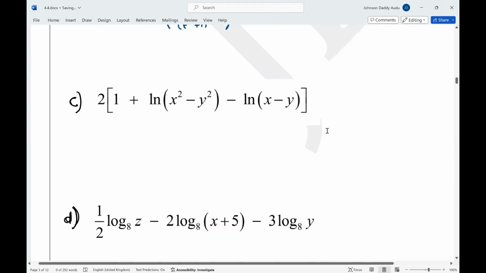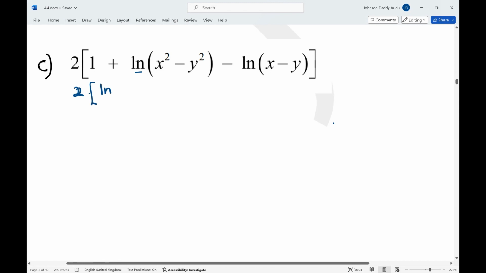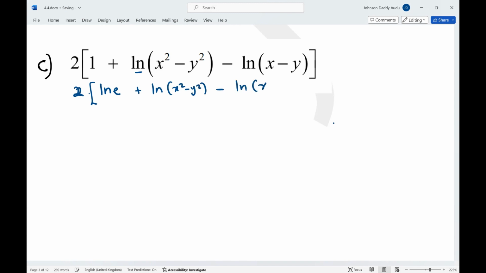Now, for the C, so for this question, we just need to write that we can change 1 to be ln of e. Why? Because everything here is in terms of ln. So this one could be written as ln e plus ln of x squared minus y squared minus ln of x minus y.